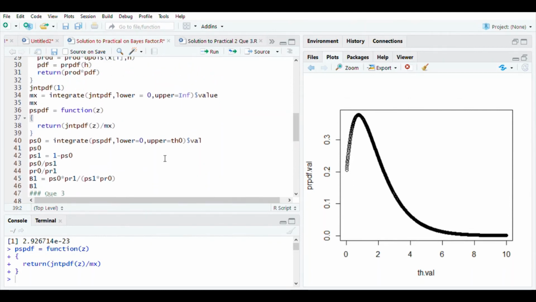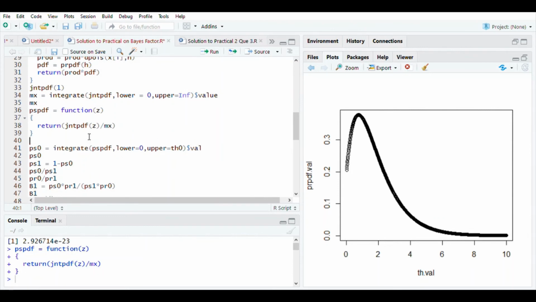If you are interested in seeing how the PSPDF values change, we can write a vector which computes values of the posterior PDF at various values of theta, and we can plot it.